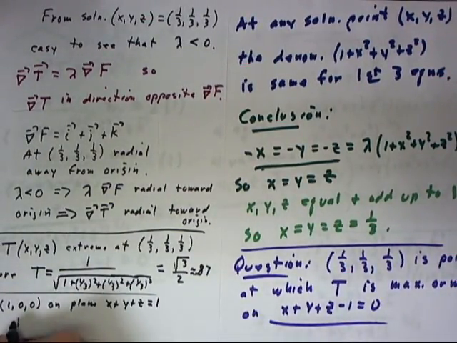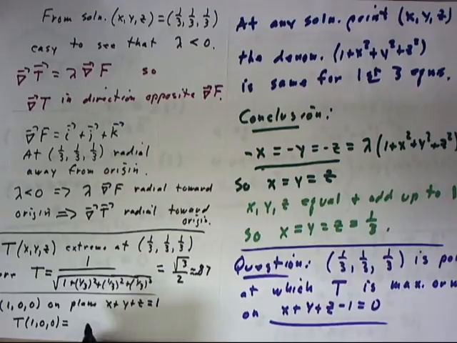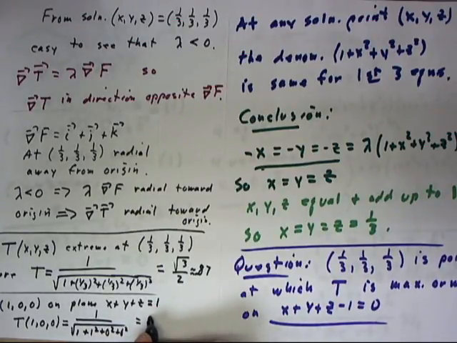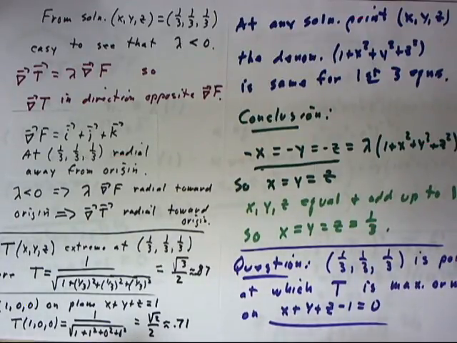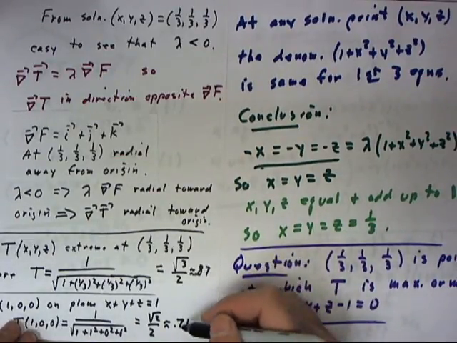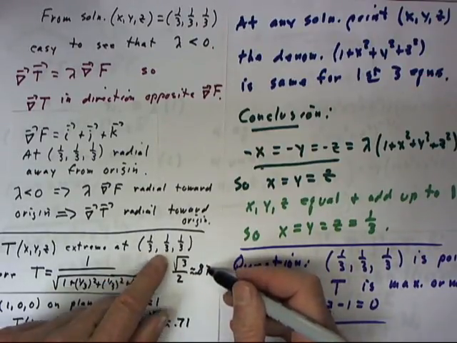And the temperature at 1, 0, 0 is what? It's 1 over the square root of 1 plus 1 squared plus 0 squared plus 0 squared, which is the square root of 2 over 2, which is approximately 0.71. This shows that the temperature at at least one point of the plane is lower than the temperature at the extreme point.